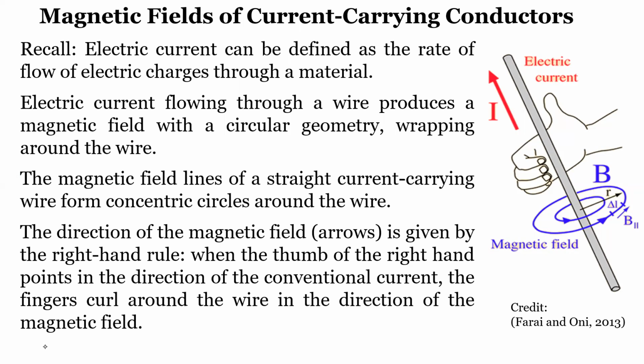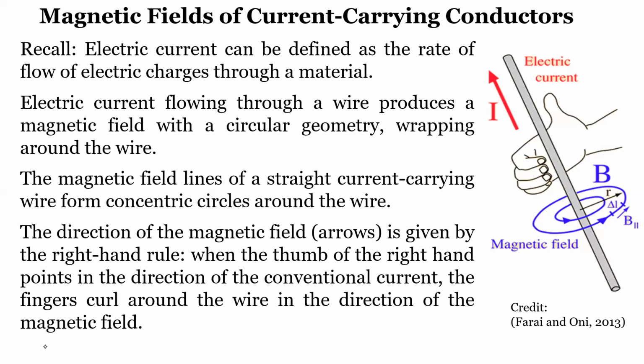So what that means is that when I say current is flowing, what we mean is that at least charges are in motion, charges are moving. And when charges are moving, then we should expect these charges to have electric and magnetic fields.